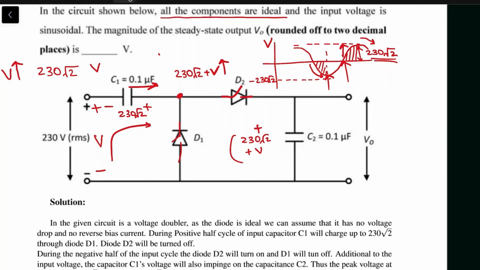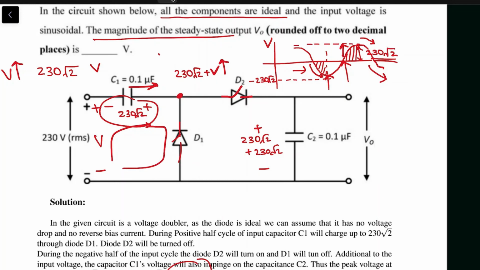So that means 230 root 2 plus the peak value of V, which is 230 root 2, will stay on that capacitor. So during the steady state, the magnitude of the steady state output will be 650.54 volts, and as soon as the input crosses into the negative half cycle, you will have the same thing repeating from this direction, except now the capacitor will be fully charged and ready, but the same magnitude of charging and then discharging will happen.